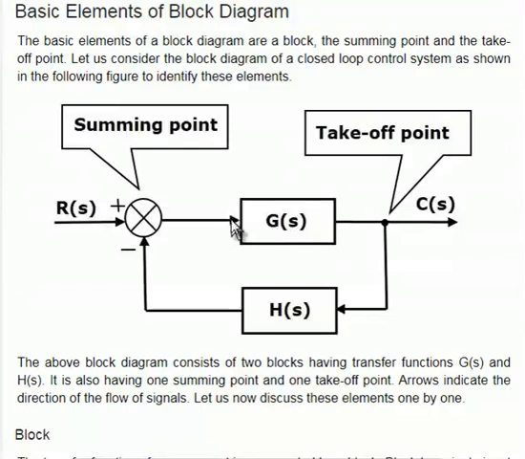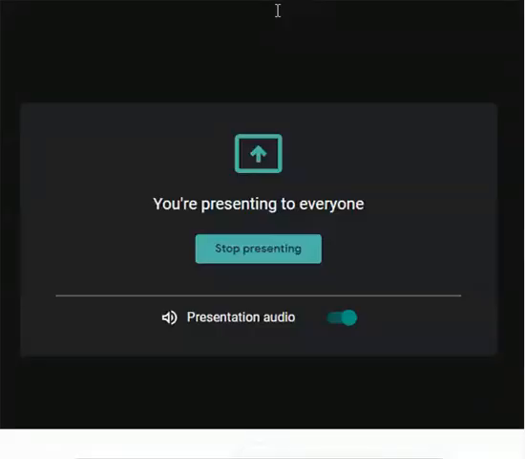If the arrow is in this direction, the signal flows in the forward direction; if the arrow is in this direction, the signal flows in the backward direction. The arrow symbol represents the signal flow.